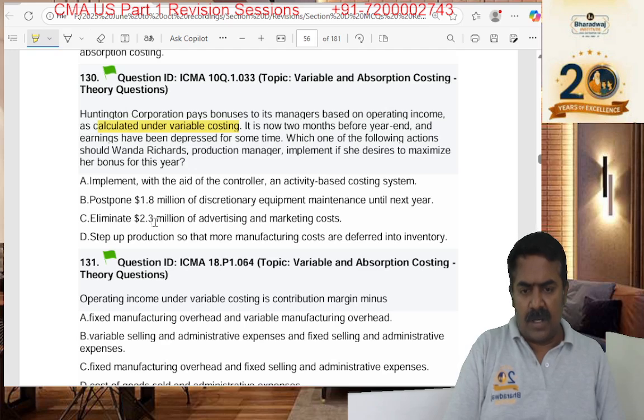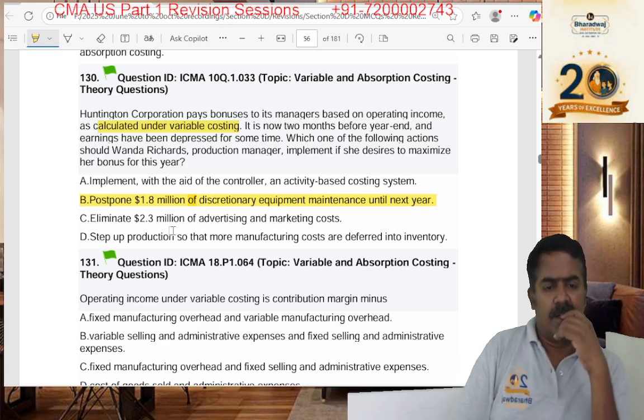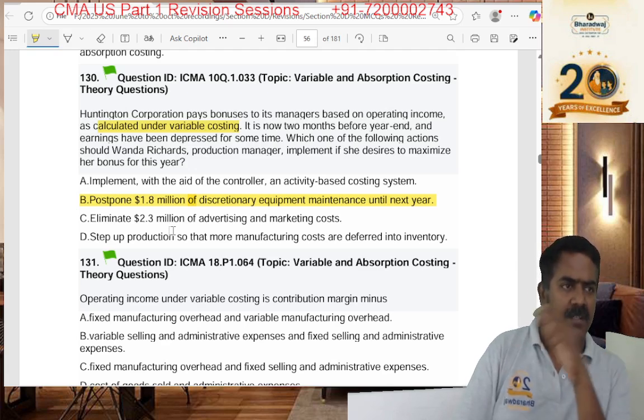Advertising cost is not part of your variable costing. Setting up more manufacturing cost to defer to the inventory is not possible. Repairs and maintenance are part of variable cost, and part of your overheads.